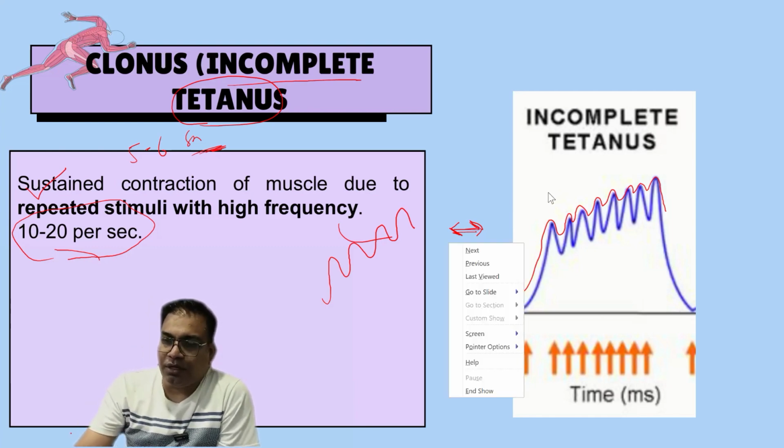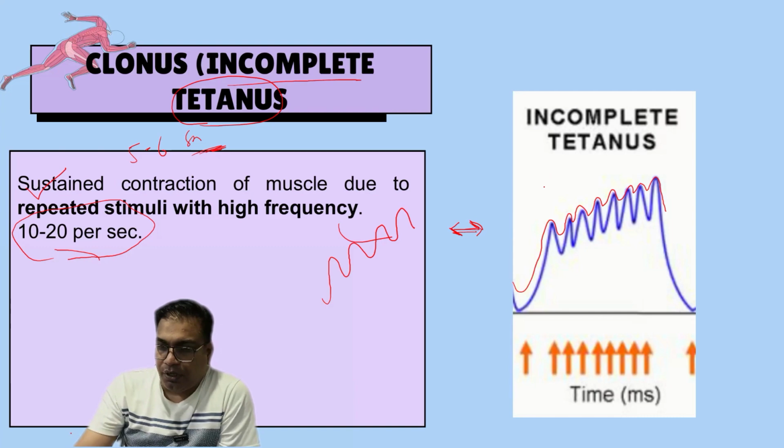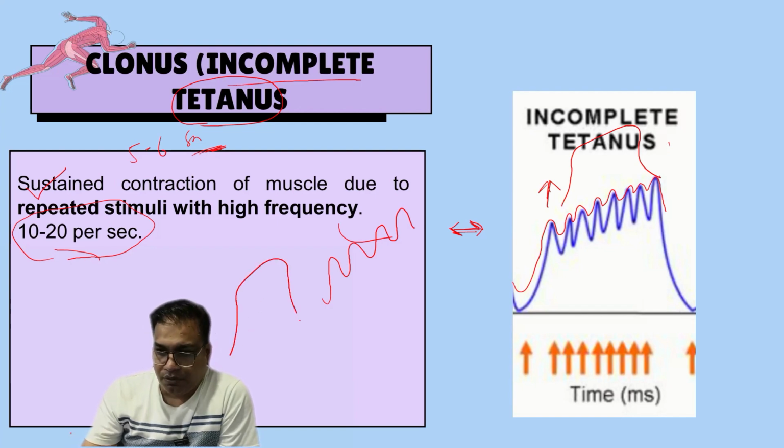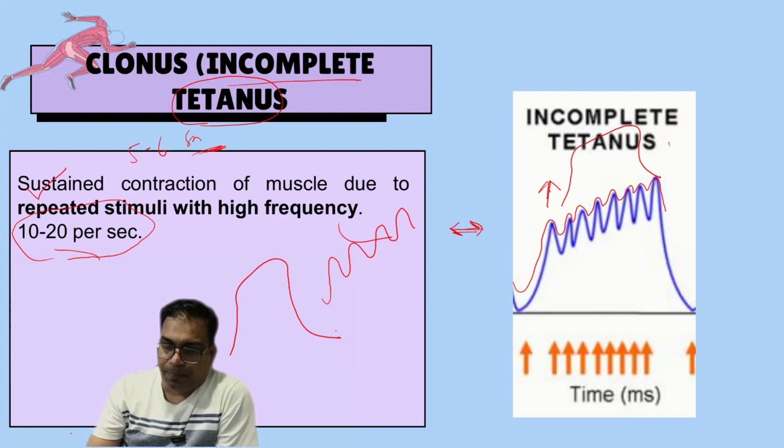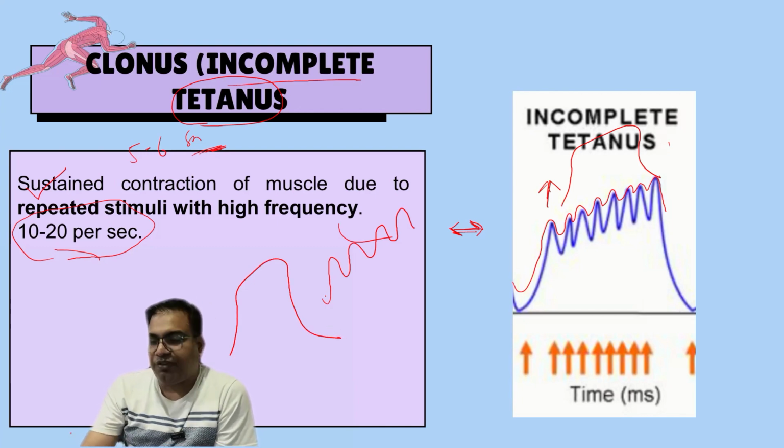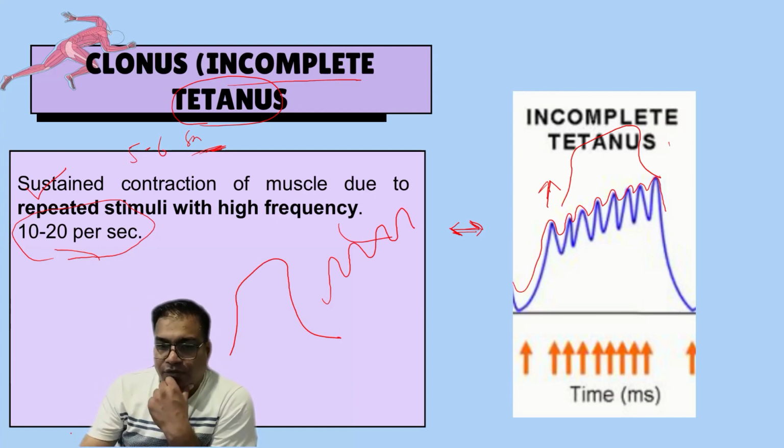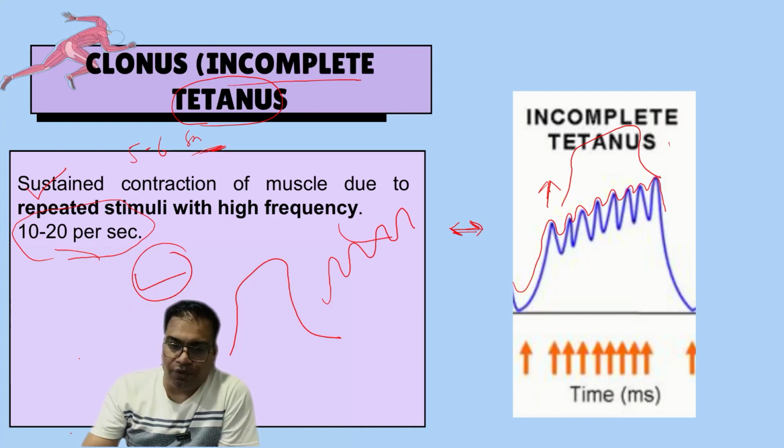Now from here, if we increase the frequency further, then the graph will be generated in the form of complete tetanus. This will be the graph of complete tetanus. Basically, we are increasing the frequency or the rate of stimulus, so we are having different types of graphs.